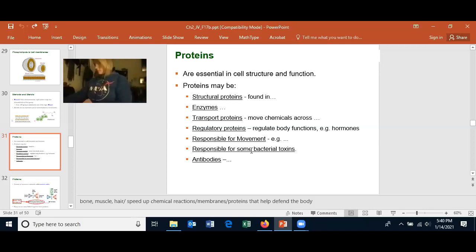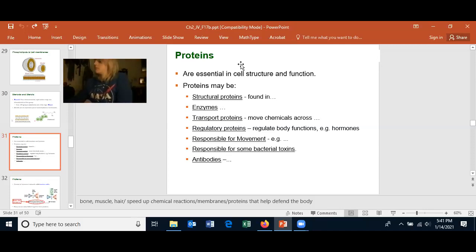So some proteins are very, well, you could call them lethal to us, bacterial toxins. But then there are other proteins, we call them antibodies, and they are important to us for defending us against bacterial infections. So some proteins help defend the body, and we call these antibodies.